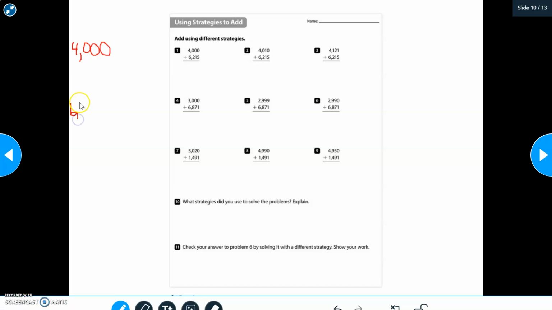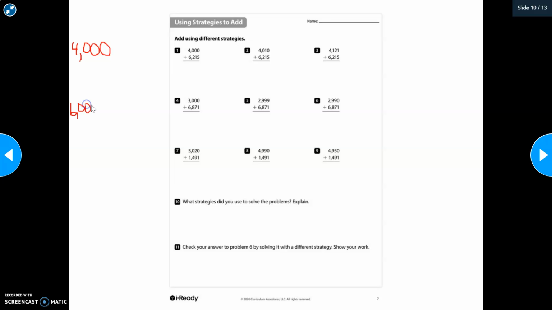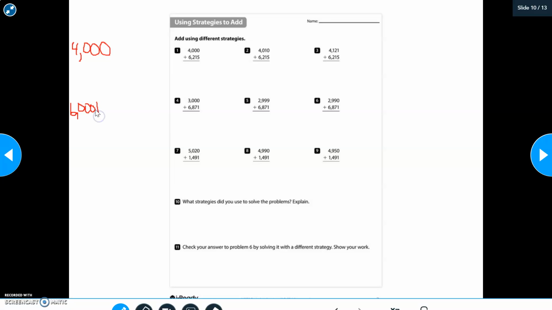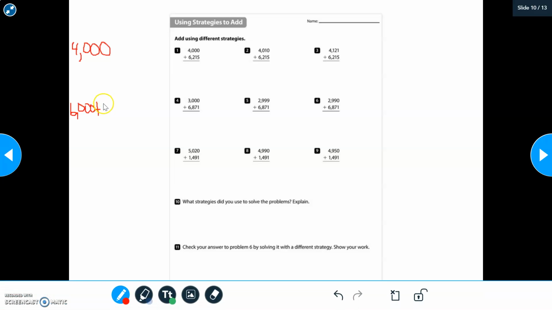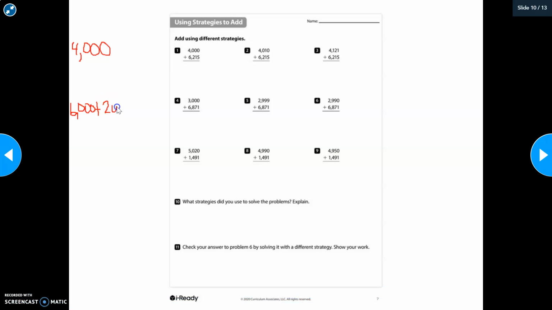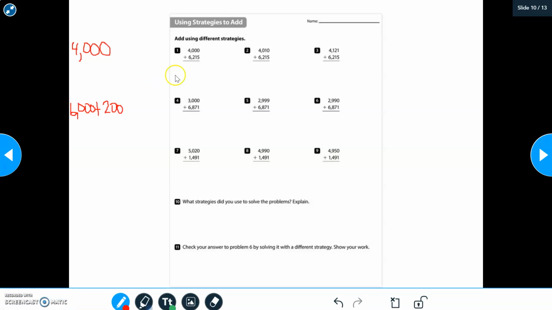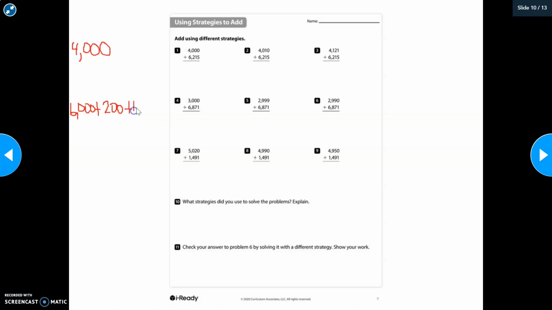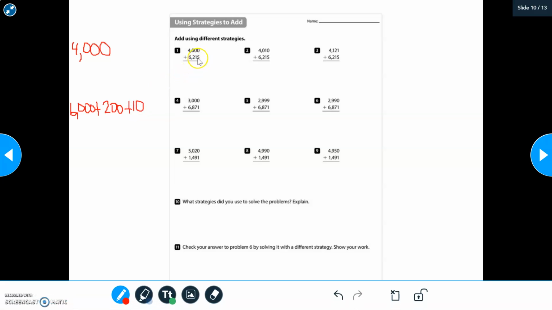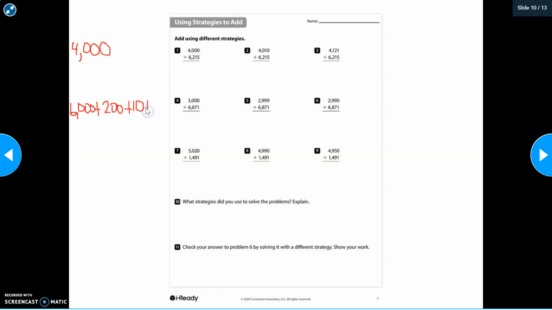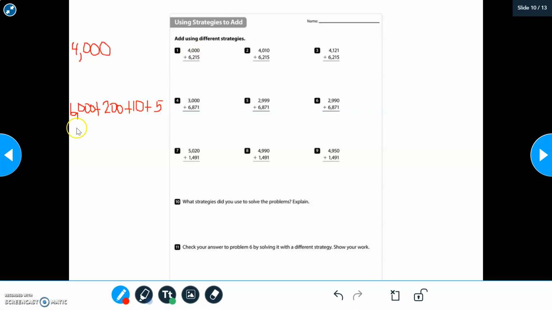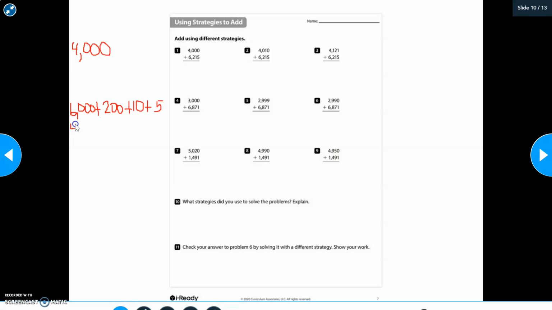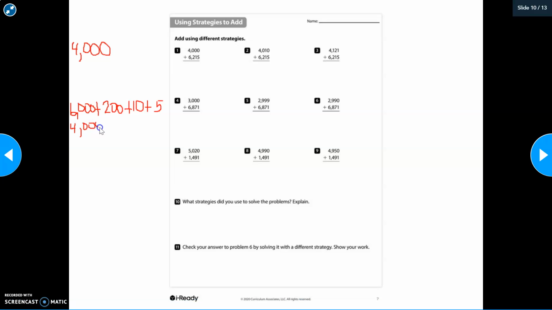We have 6,000 plus 200 plus 10 plus 5. And I'm going to take my 4,000. I'm just going to write it up here so I can line it up with its place value. The number looks very similar to it.